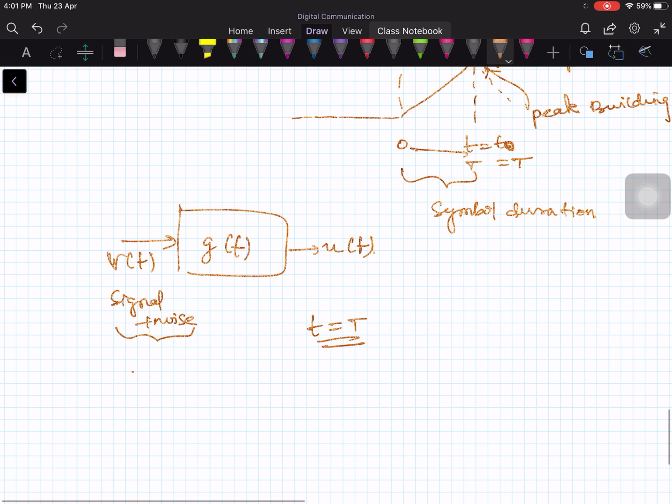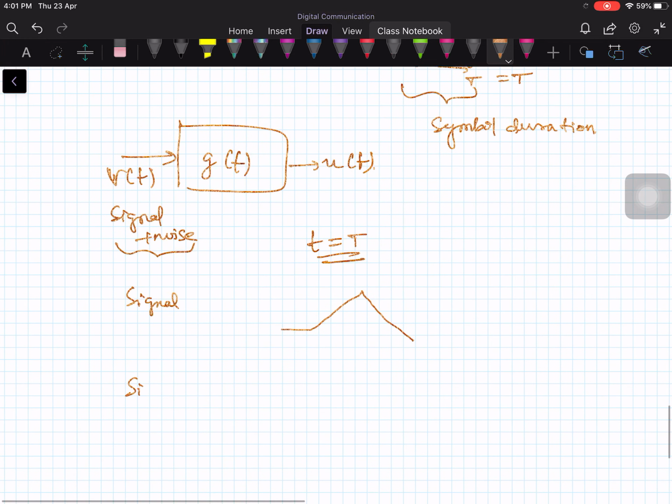Suppose it is pure signal, your output slowly builds up, reaches a peak point and again comes down. If it is signal plus noise, either you may go to a very high value and come down, or sometimes you go very slowly, reach a low value and come down. So both values can occur. This is my sampled value.